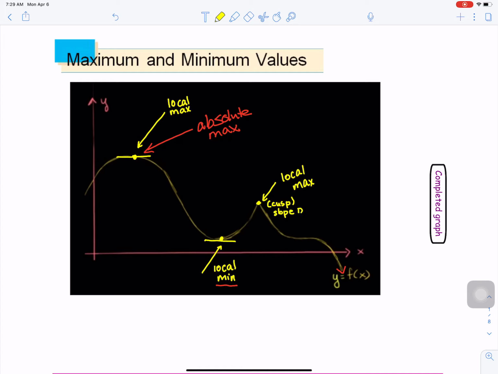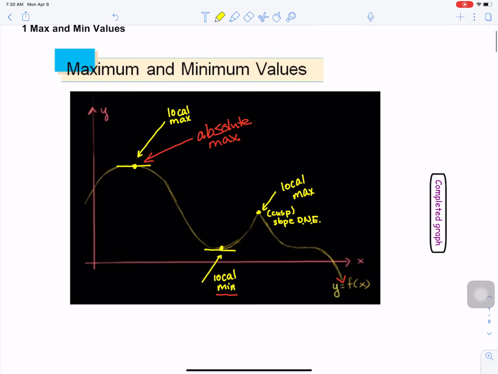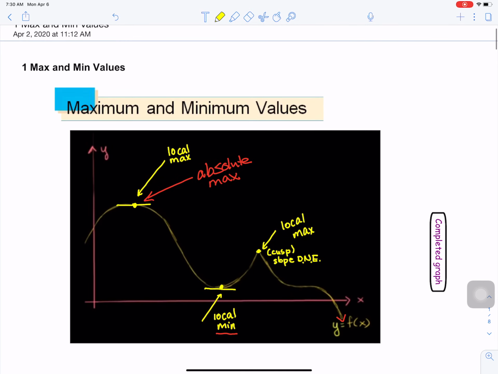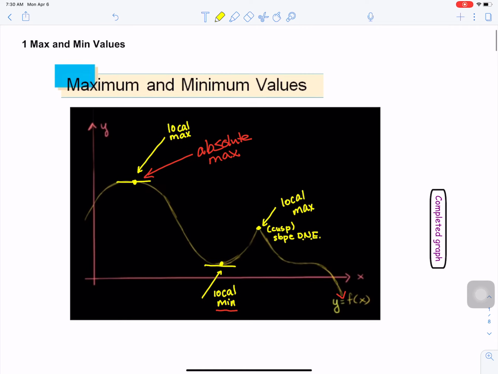If I were to use my limit definition for a derivative, that limit would not exist because the limit from the left and the limit from the right would not be the same. The point of this lesson is to find where these local maximum and minimum values are using derivatives, and also to classify whether they're absolute or local maxes and mins.